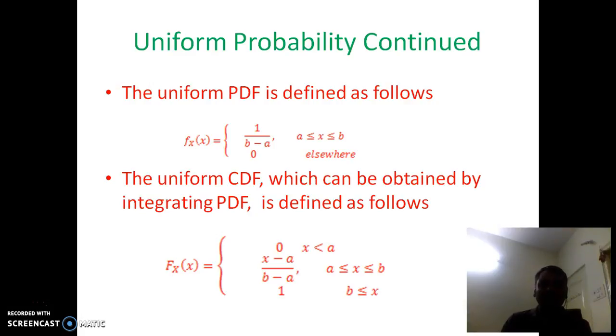The uniform CDF, which can be obtained by integrating PDF, is defined as follows: capital Fx of x is equal to 0 for x less than a, (x minus a) by (b minus a) for a less than or equal to x less than or equal to b, and 1 for x greater than or equal to b.